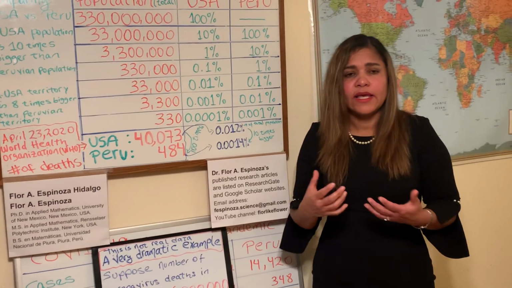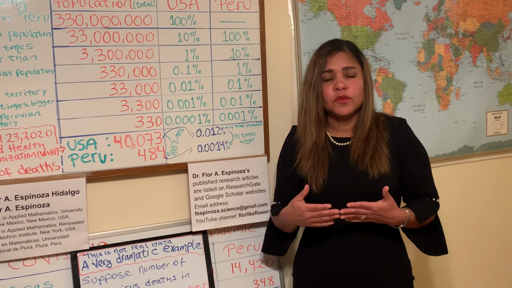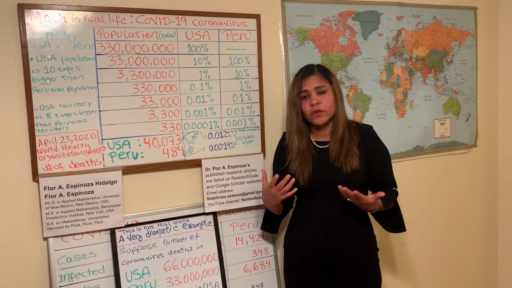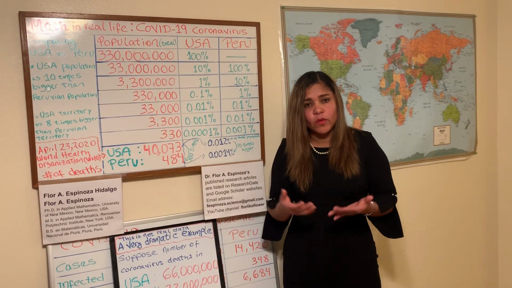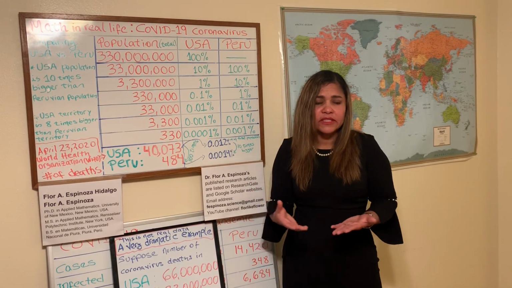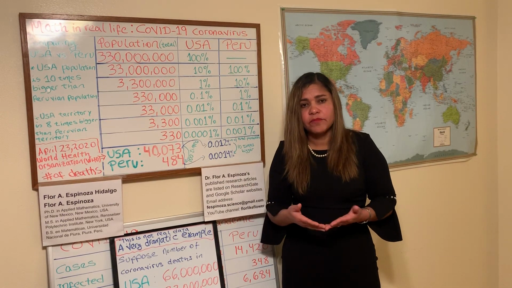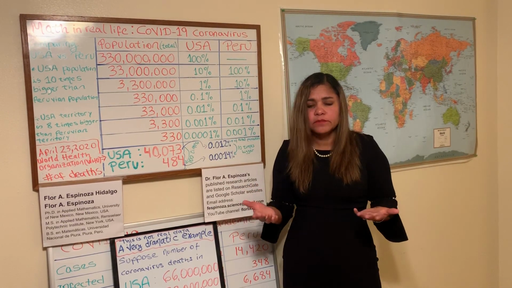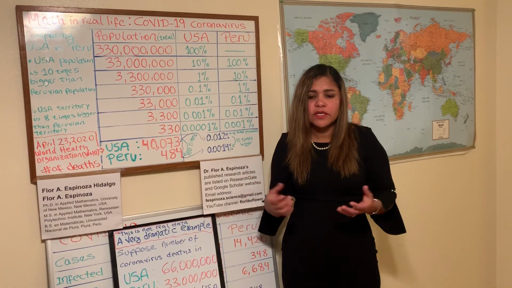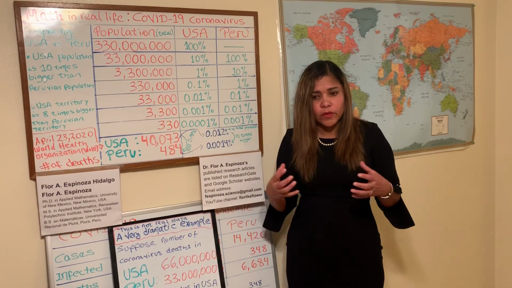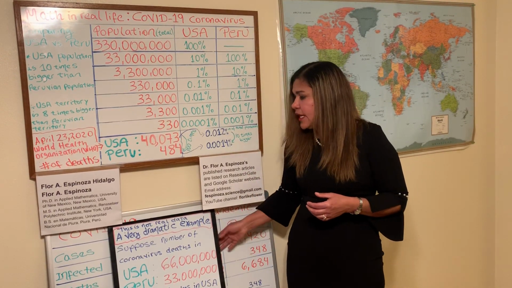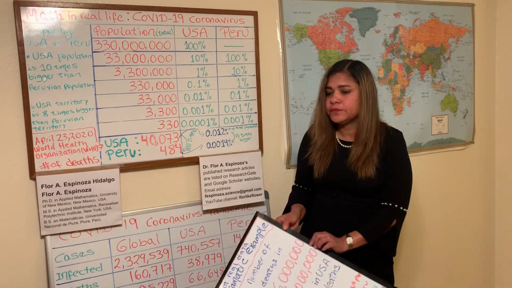Now, again, it's very important to account for population size when we report the number of infected and dead cases in communities or in countries, especially when we compare these numbers. Next, I want to show you an example.